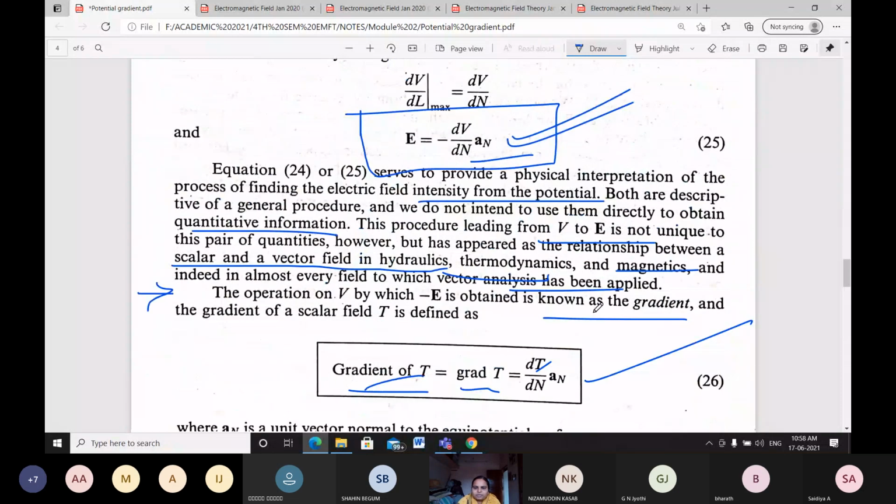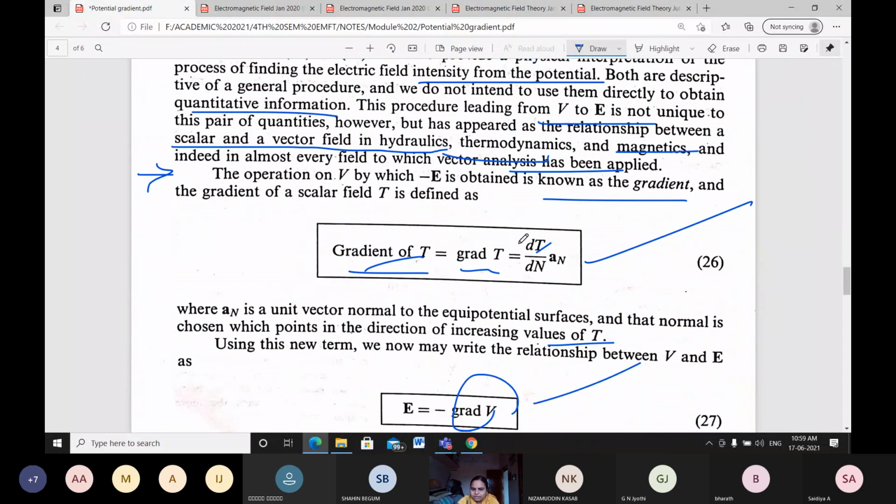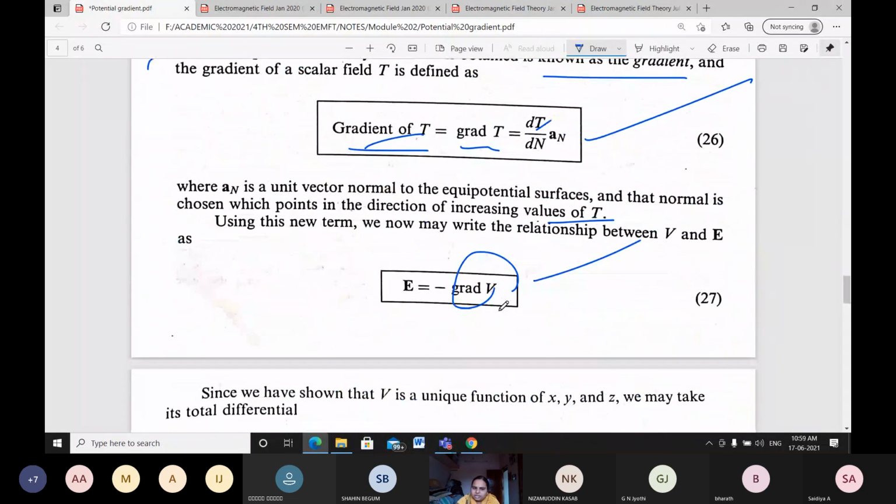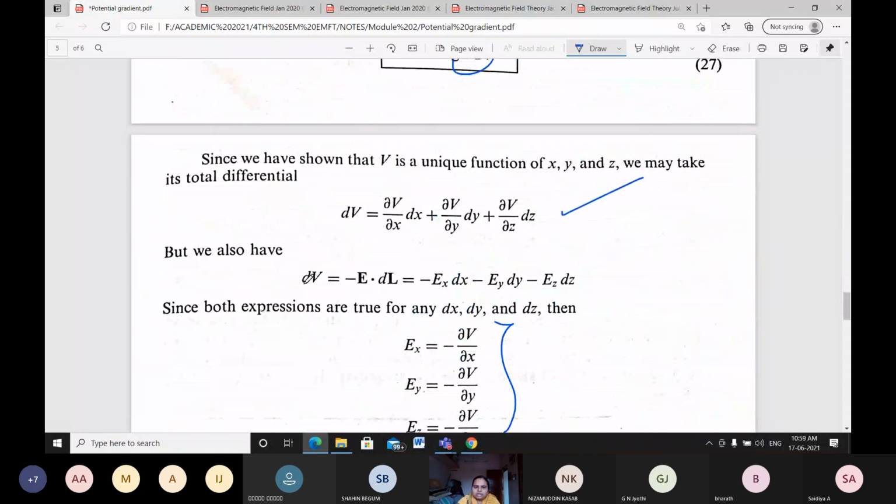Then, comparing the equations, write about the gradient: the operation on V by which E is obtained, with a minus sign, is known as the gradient. Therefore E is equal to minus grad of V. Then write dV equals E dot dl.